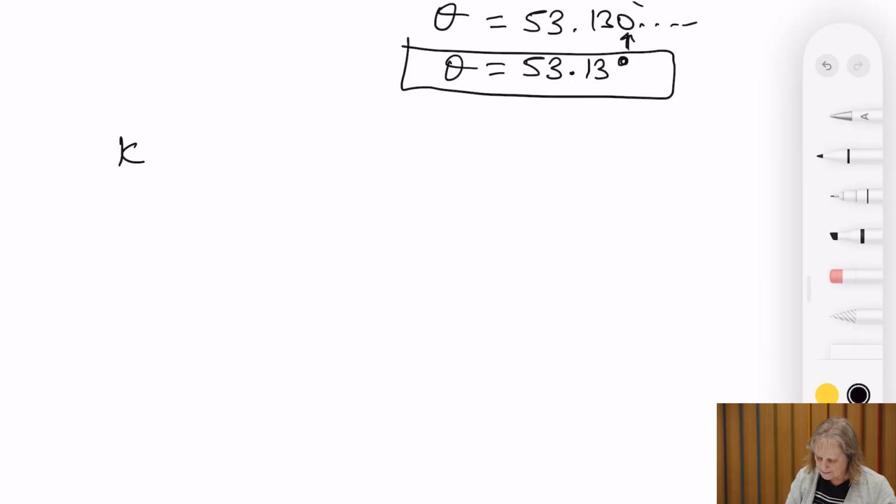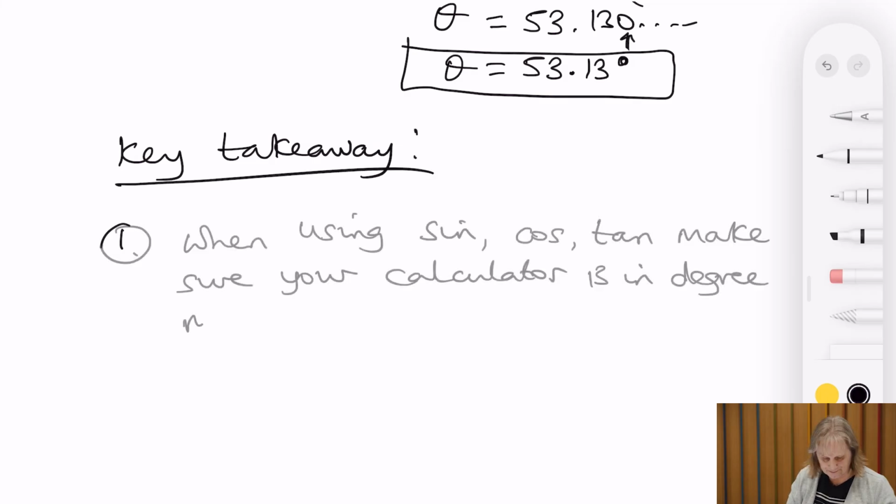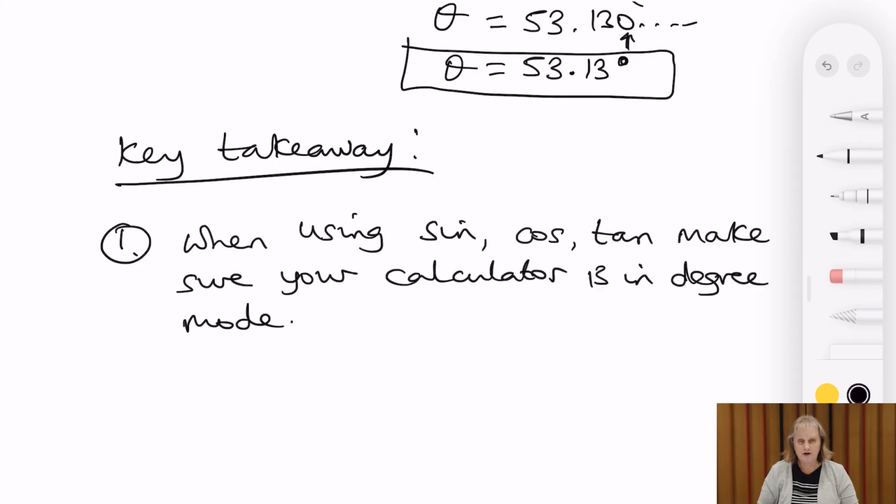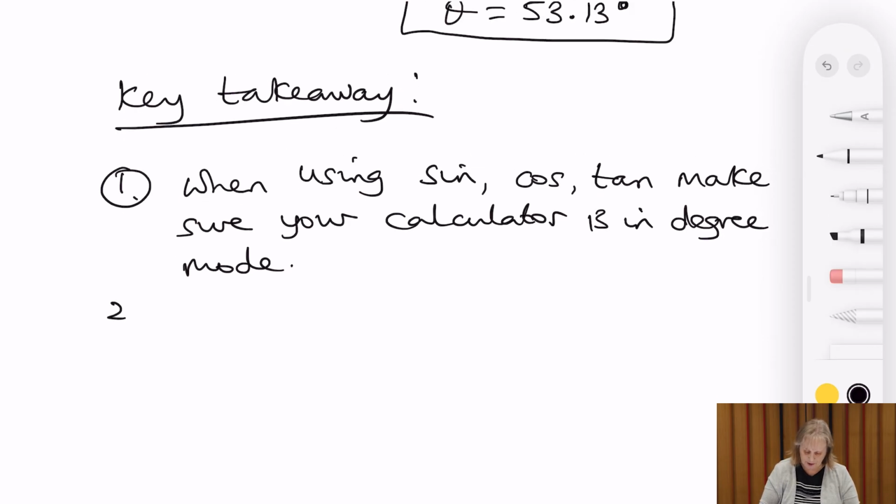So now, just some key takeaways when we use SOH CAH TOA. So when using sine, cosine, tangent, make sure your calculator is in degree mode, not radians, because that won't work. Okay, then the second point is we want to label the right triangle.